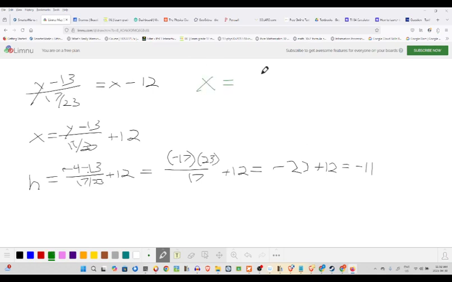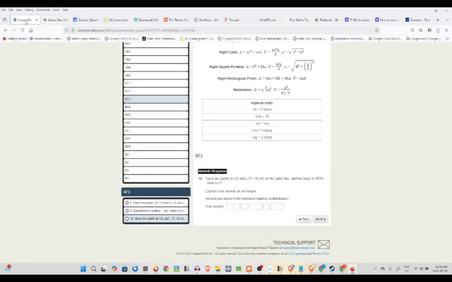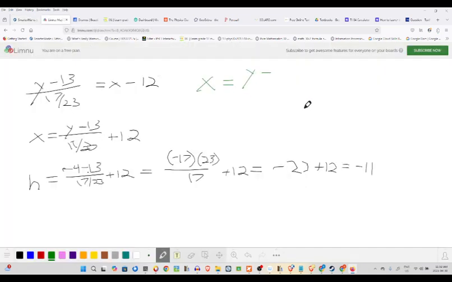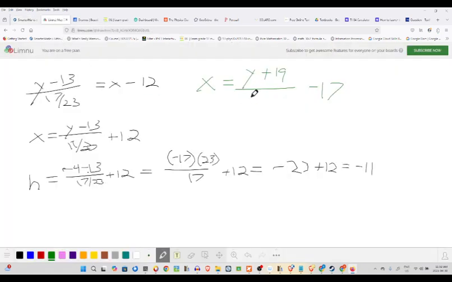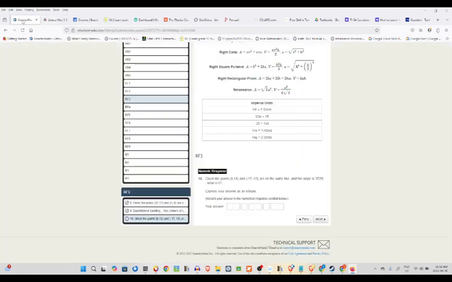Because now we're asked for the same thing. We want to find the x value when our known point is at negative 19, negative 17. Our slope is 37 over 33.